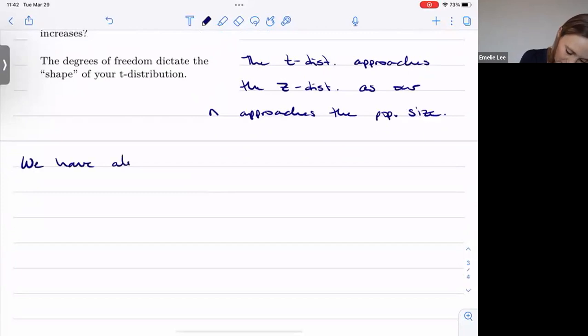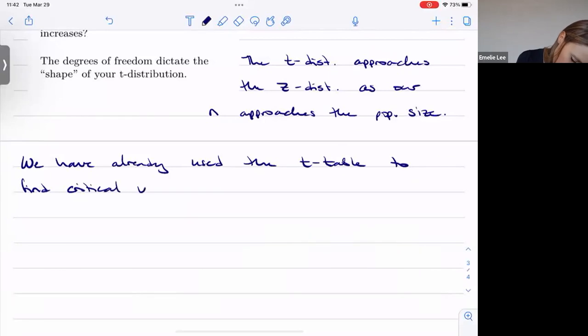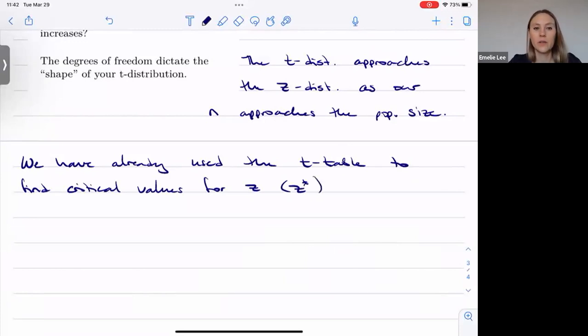I think it's like table C in those tables that I posted, but I'm going to bring it up here. We've already used the t table to find critical values for z, which we're denoting as z star. But now we're going to use it for t's.